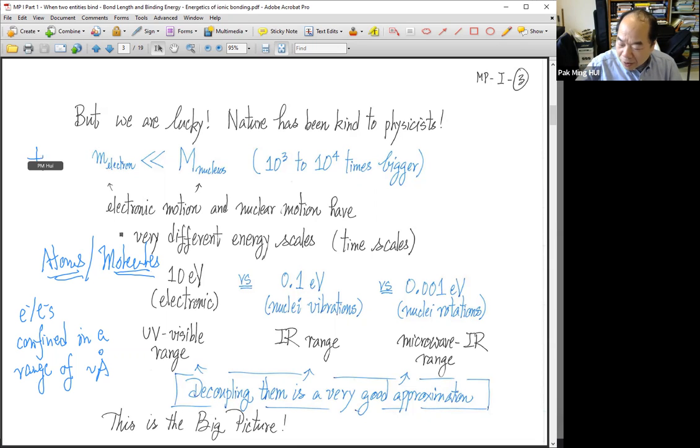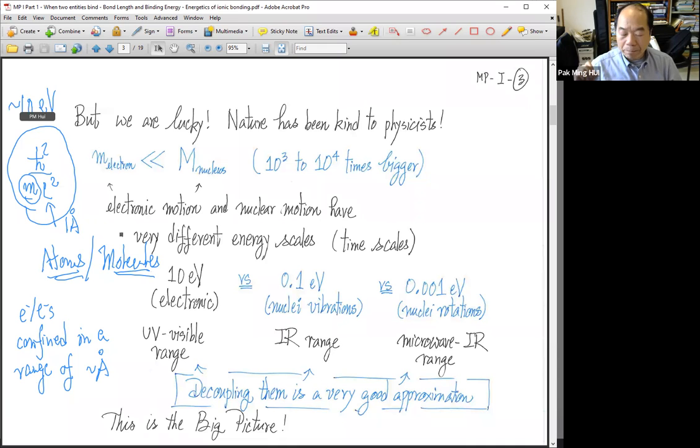Therefore, h bar squared over something like the mass of the electron times the size squared will set the energy scale of atoms. You plug an angstrom in here, and this is the electron mass. You will get something like 10 eV. Try it if you haven't tried it, okay? But you should have tried it because it is particle in a box.